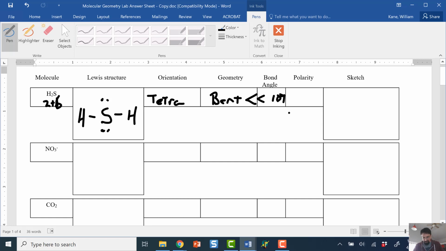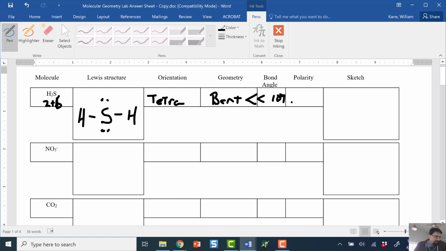Hang on, I need to check my notes. And we decided 0.40 was nonpolar, so this is a nonpolar molecule.